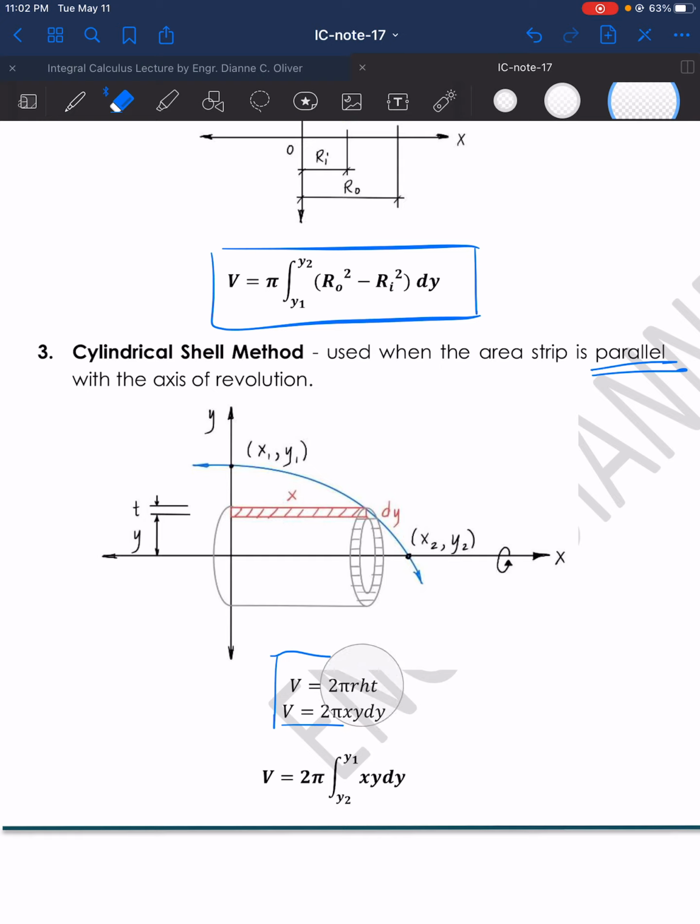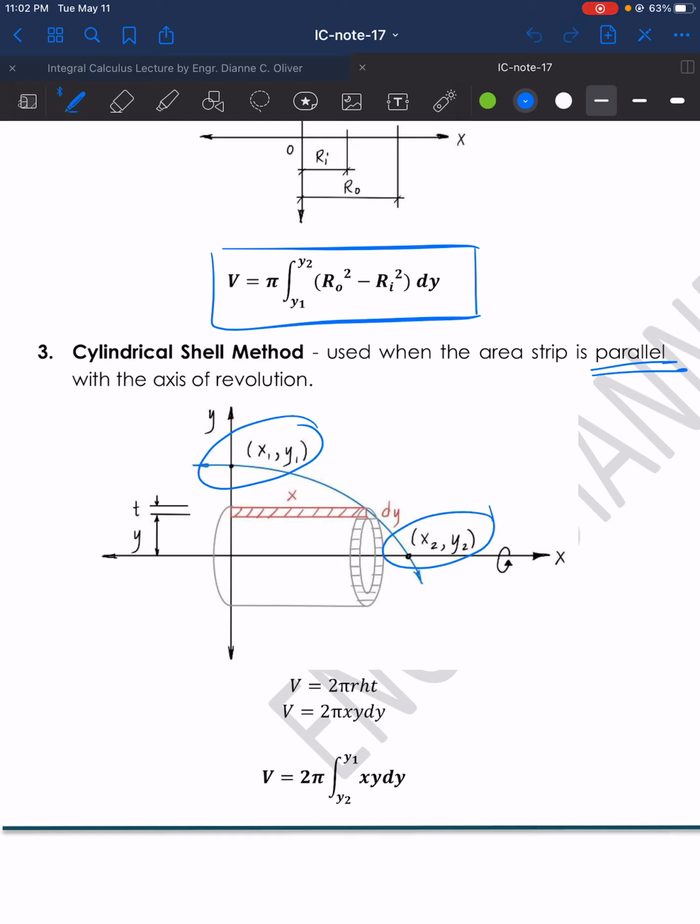Now to get the volume, given the limits x1 y1 and x2 y2, we have the volume is equal to 2 pi integral of xy dy, and since we are using dy, the limits are y2 to y1. y2 is lower, that's why it is the lower limit, and y1 is greater, that's why it's the upper limit.